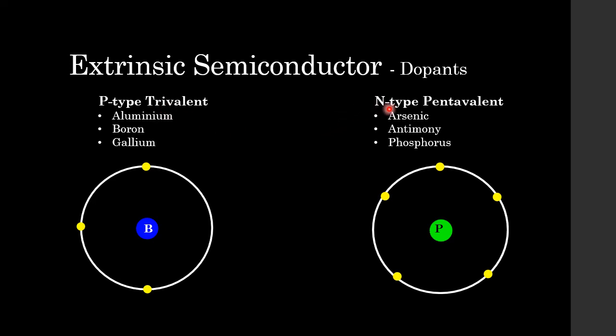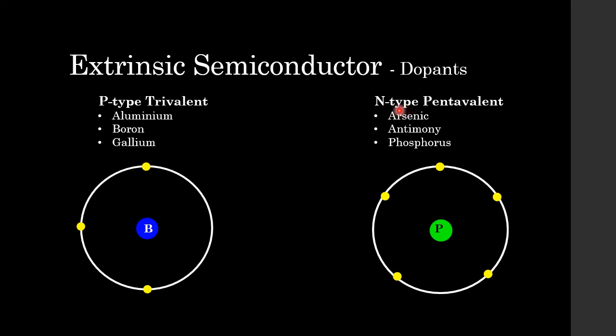Similarly, for the n-type semiconductor, we use pentavalent elements such as phosphorus. Here we have 5 valence electrons, and we replace the silicon atom within our semiconductor with a phosphorus pentavalent atom, and that creates an n-type semiconductor.